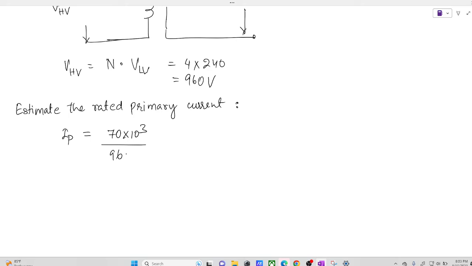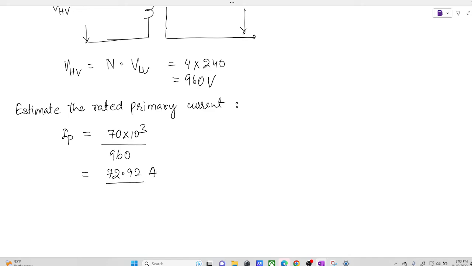So the rated primary current will be 72.92 amps. Yes.